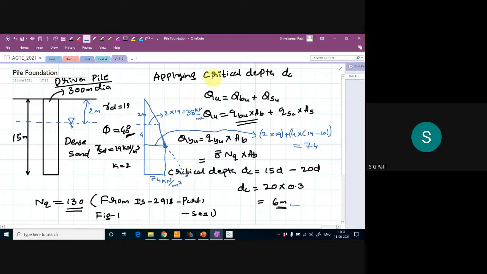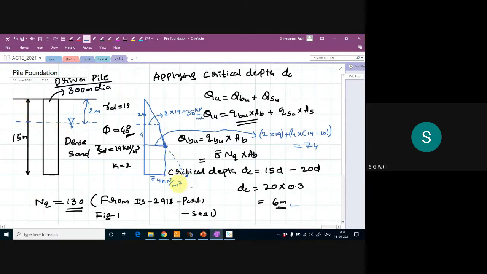Since IS 2911 asks you to consider the critical depth, that's why I'm solving according to IS 2911. Even if you don't consider it, that is also fine, because some textbooks allow it, and some researchers say this critical depth concept will not be available for all types of soils in the field. So here I am basically playing safe, underestimating my pile capacity.